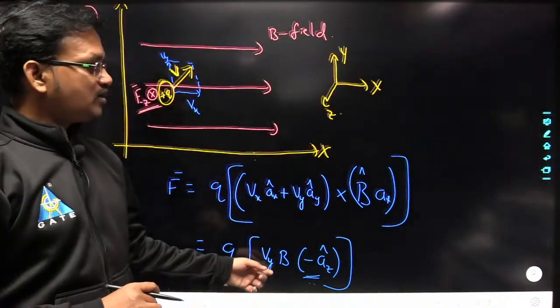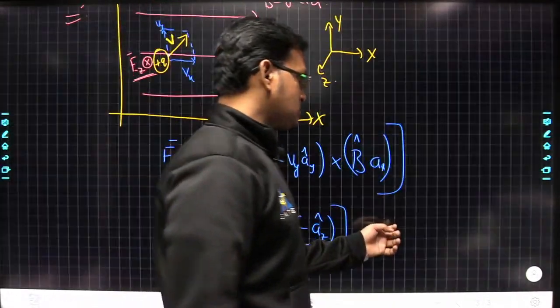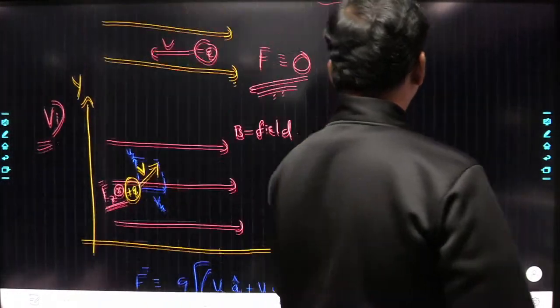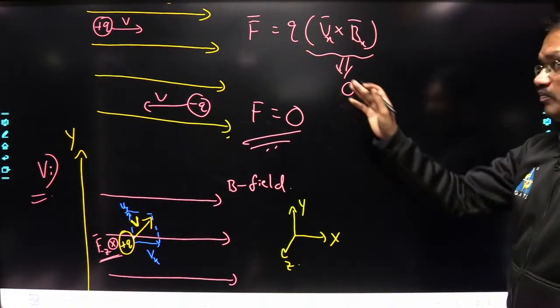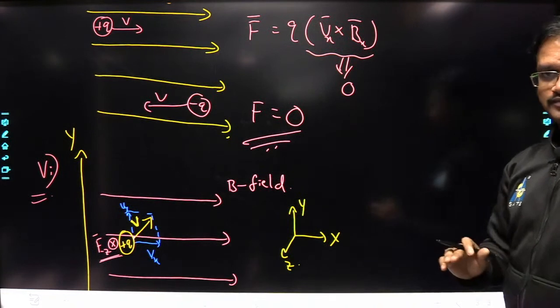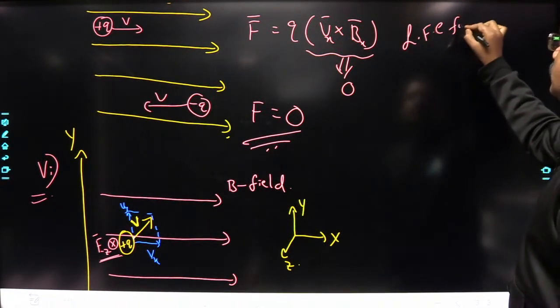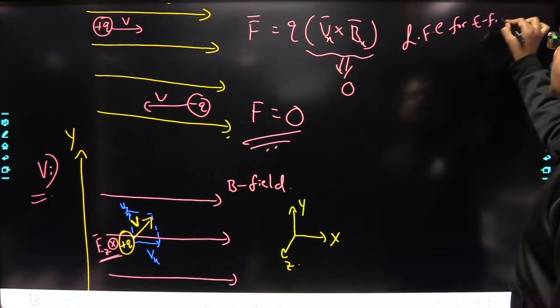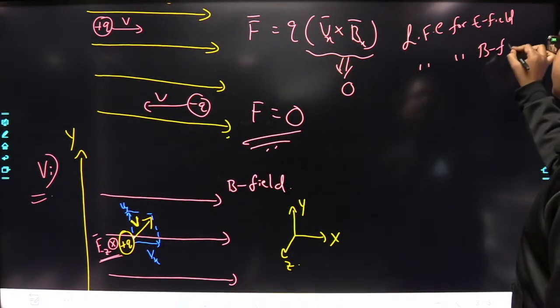So I hope all these things are crystal clear here. Tomorrow I will tell you the application of this Lorentz force. We have seen the Lorentz force equation for the electric field, and also for the B field.